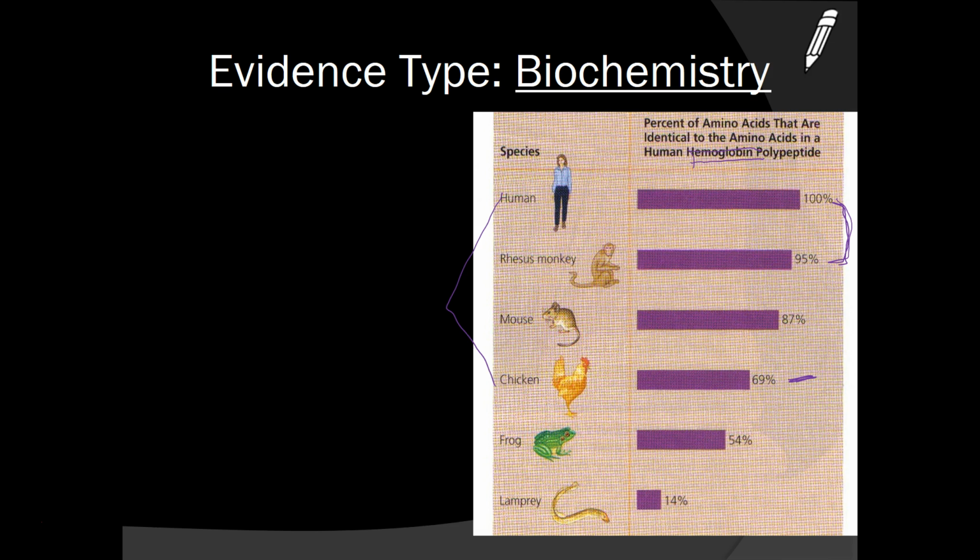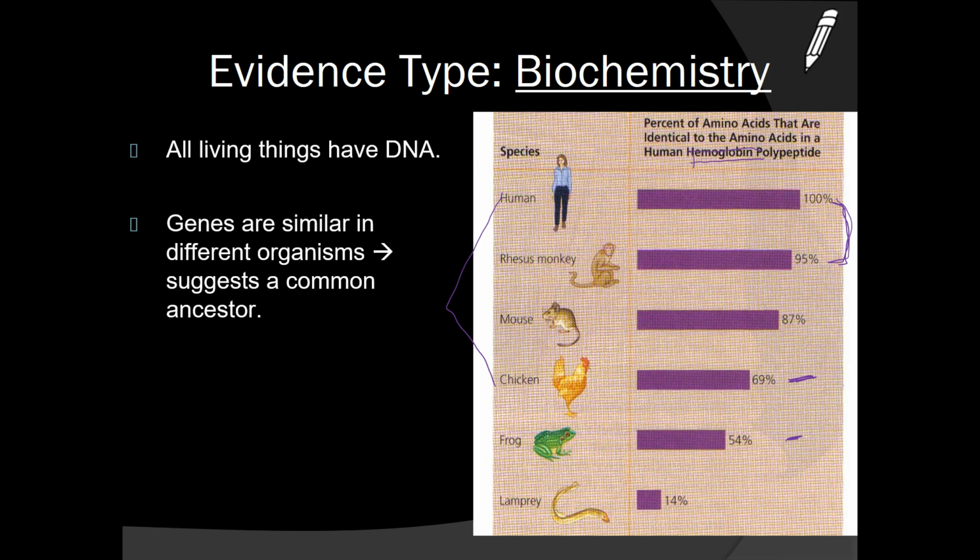And a frog has 54% similarity. Our common ancestor with the frog would be even more distant into the past. Okay, so all living things have DNA, and the genes for these types of proteins are similar in different organisms, and that suggests the common ancestor. The more differences, the more distant the common ancestor.